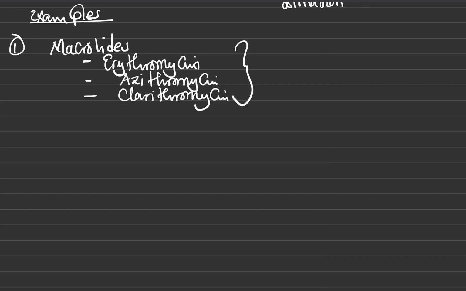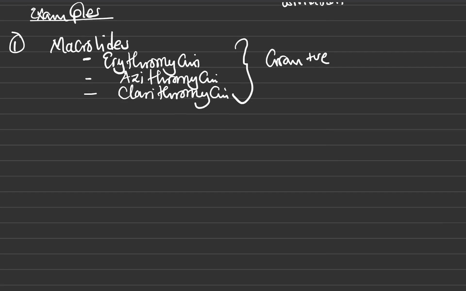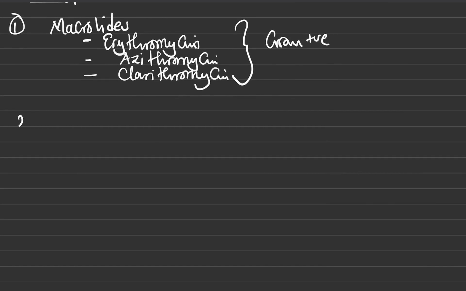Macrolides are really just good for gram-positive microorganisms. We can't use them in gram-negative, they are not good. So we can use them for group B streptococcus, upper respiratory tract infections, pneumonia, and of course for community-acquired pneumonia, they are very good drugs.